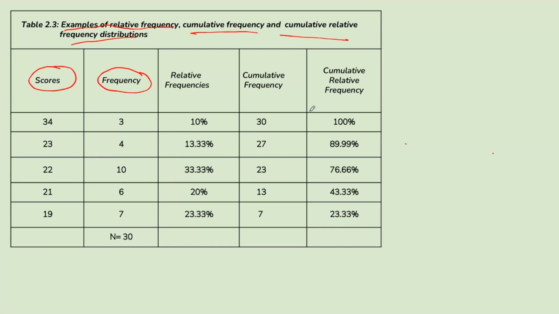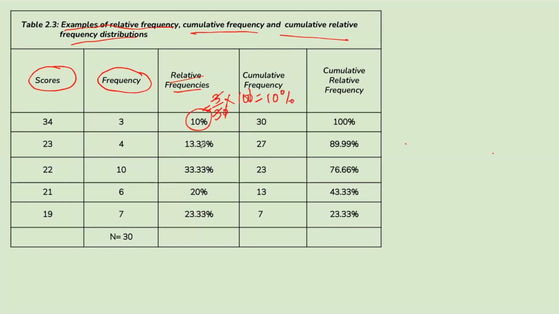Now let us calculate the relative frequency. These are the relative frequencies. How have we got this 10%? This is 3 divided by the total, that is 3 divided by 30 into 100. You cancel the 0 and 0, and 3 and 3 cancel out, so you get 10%.